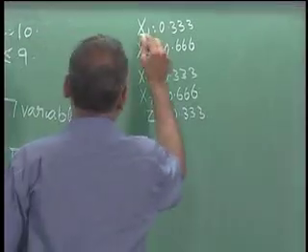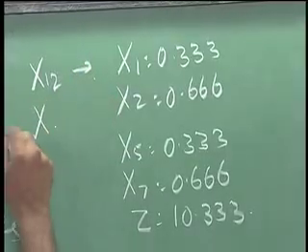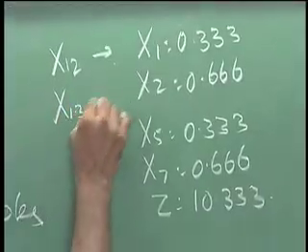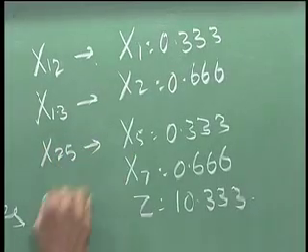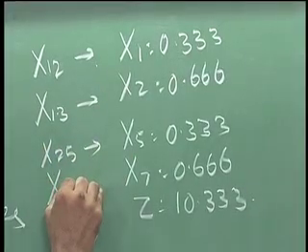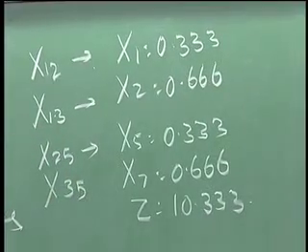Now x1 is nothing but x12 for our example, and x2 is nothing but x13 in our example, x5 is x25, x7 is x35.